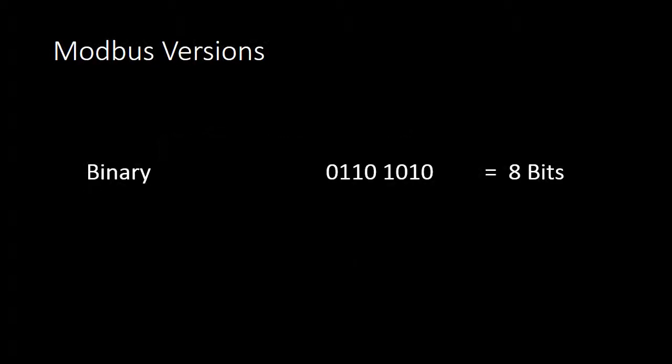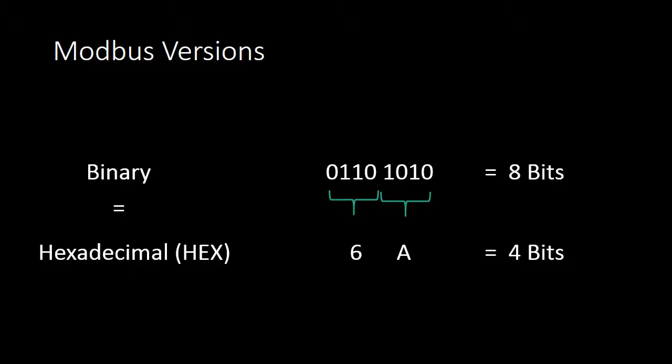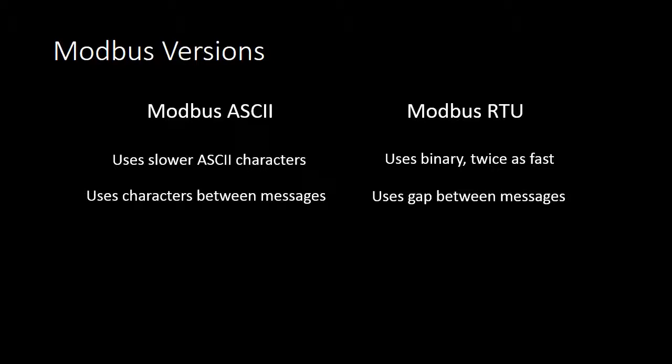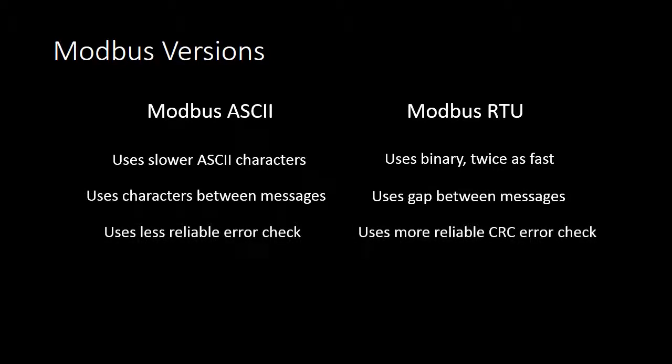In RTU, each 8-bit byte in a message contains two 4-bit hexadecimal characters, which effectively doubles the data throughput for the same baud rate. Modbus ASCII begins and ends messages with a series of characters, and Modbus RTU uses a more efficient time gap. ASCII also uses a less effective error checking method called LRC error checking, whereas RTU uses the more accurate CRC error check.